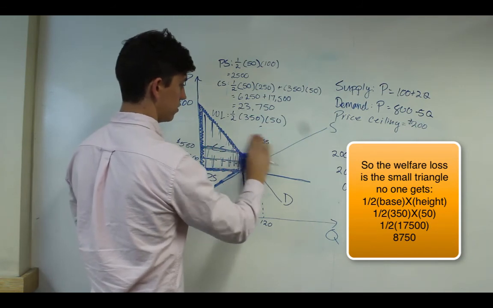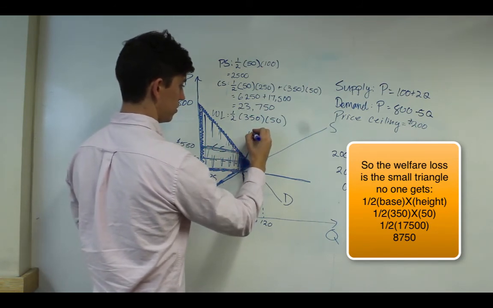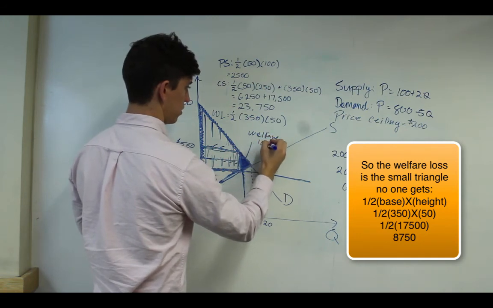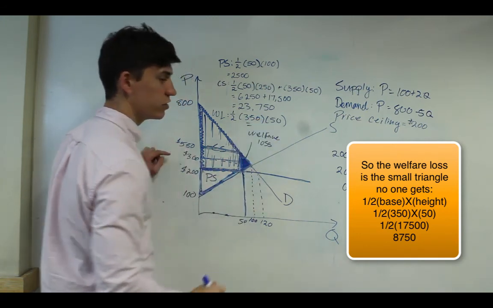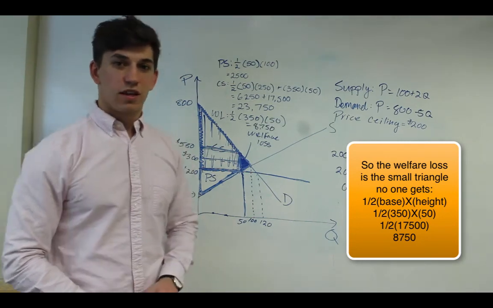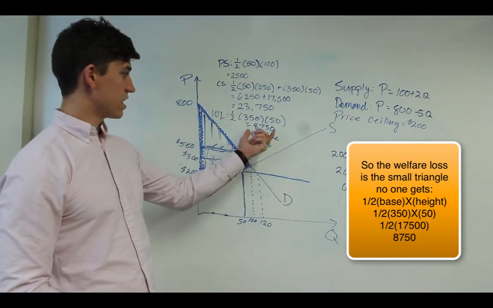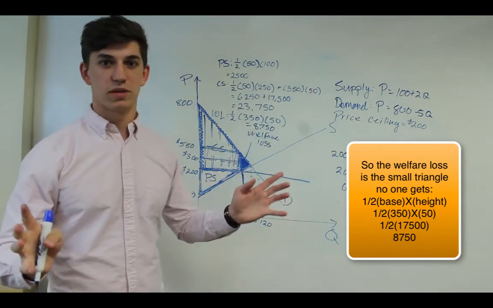Again, that's some number that you shouldn't be able to calculate in your head. That's 8,750 as the welfare loss here. So we lost $8,750, just disappeared from the economy.